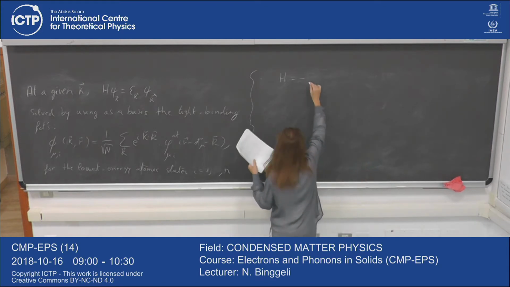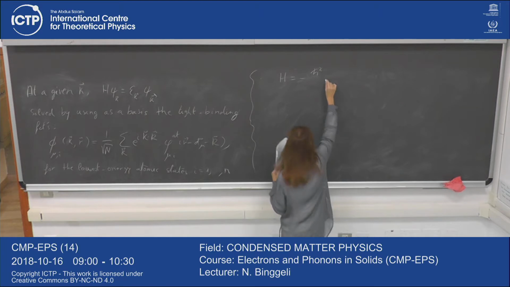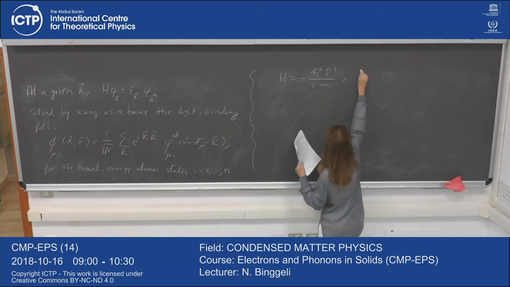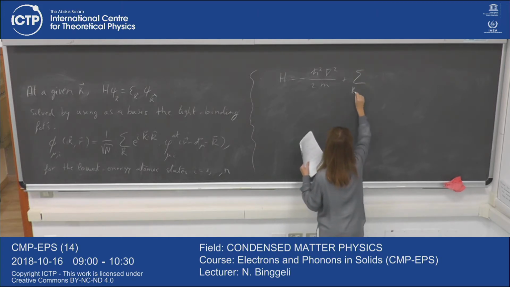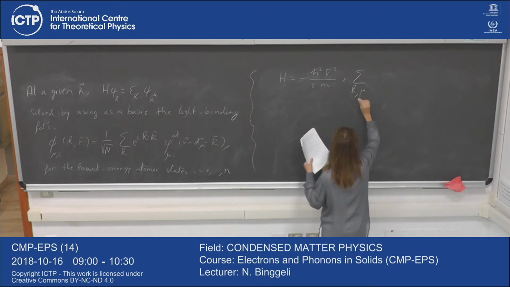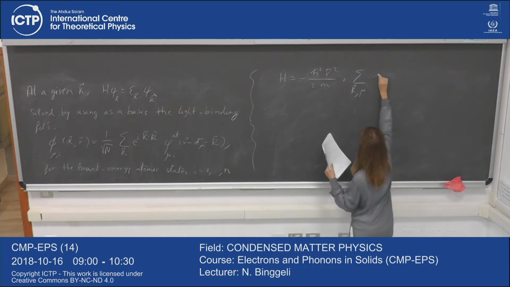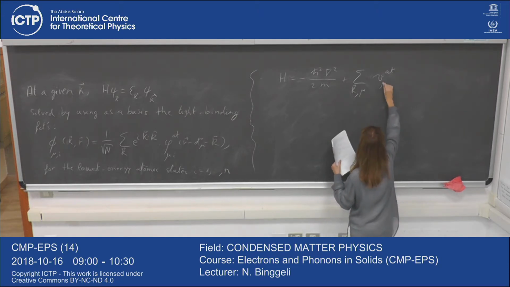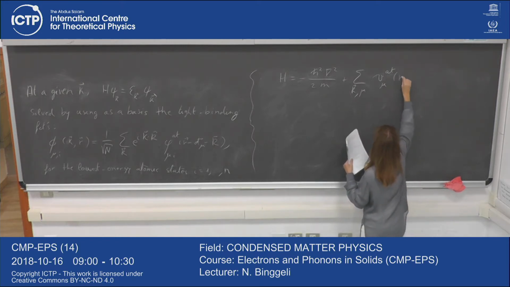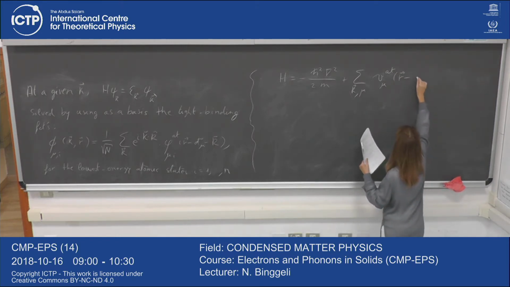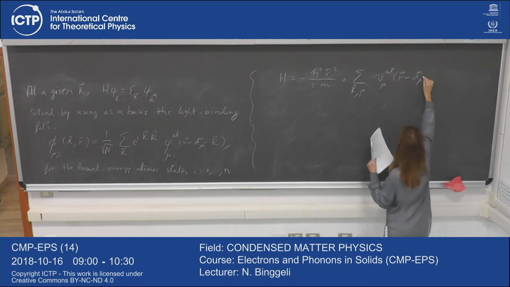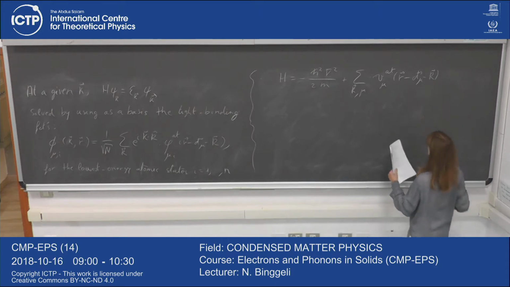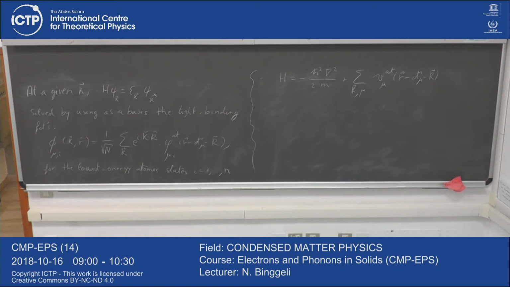So my crystal Hamiltonian is minus h bar squared Laplacian over 2m, the kinetic part, plus the sum over the unit cell and the atoms in the unit cell, V atomic of mu, centered at the position of the atoms mu in the unit cell R. So this is my crystal Hamiltonian written with the potential written as a sum of the atomic potential. Okay?